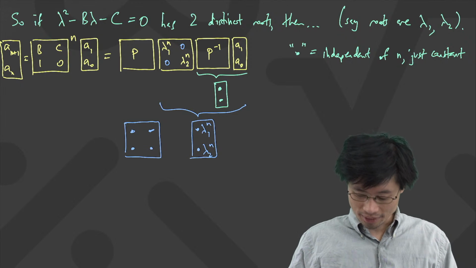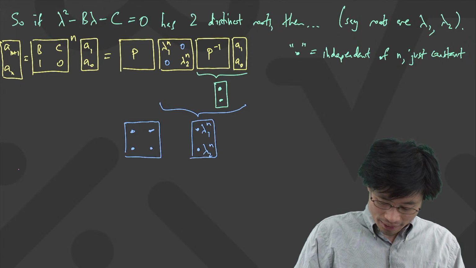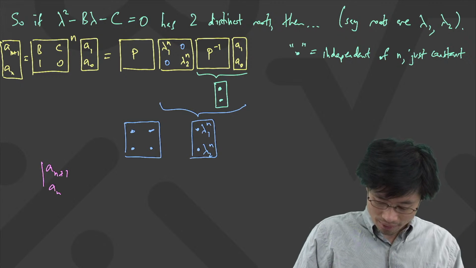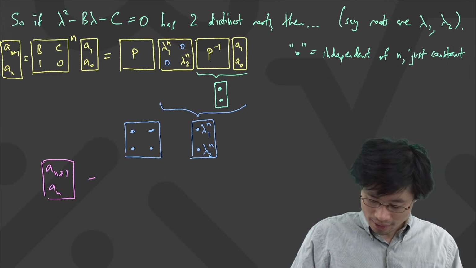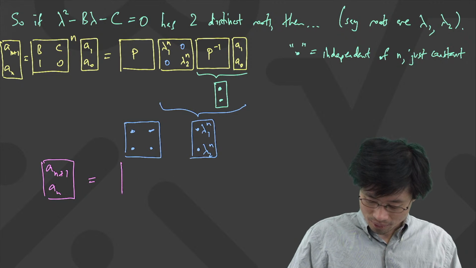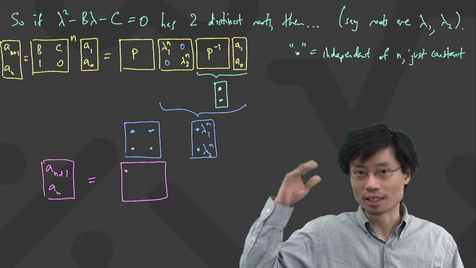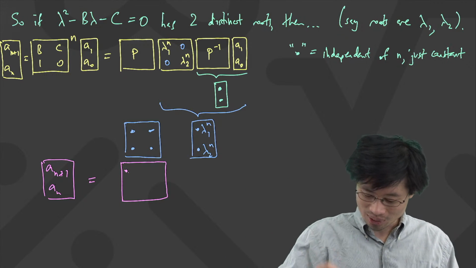And if you multiply all of this together, finally what we get is [A(n+1), An] is equal to, well, we got some blob stuff. This is actually only a 2 vector. It only has 2 entries in it.